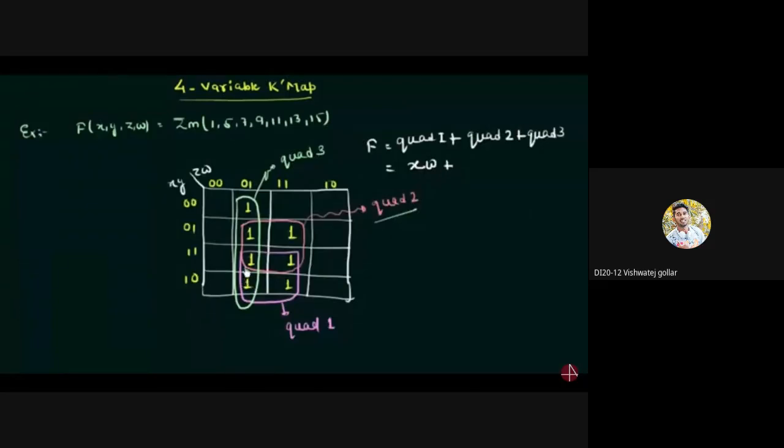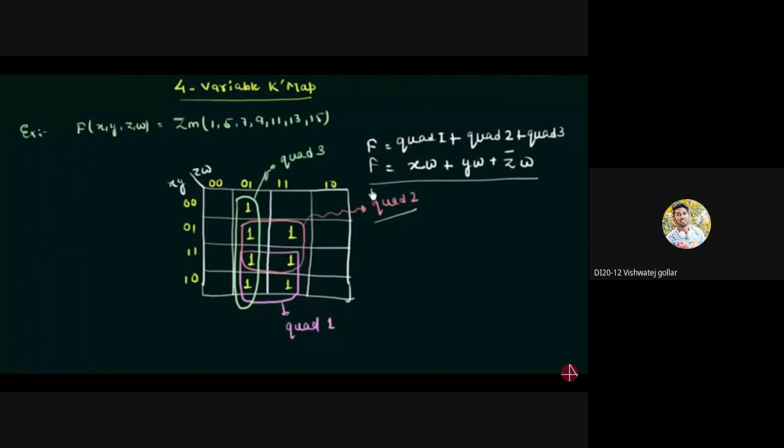Plus quad 2: y is the same, 1, and these two columns are the same as the previous, so we write w as it is, y w. And quad 3: x and y are changing from 0 to 1, but z and w are not changing, and z is 0 and w is 1, so I can write z bar w. So this is your answer, this is your function, which is the reduced form.